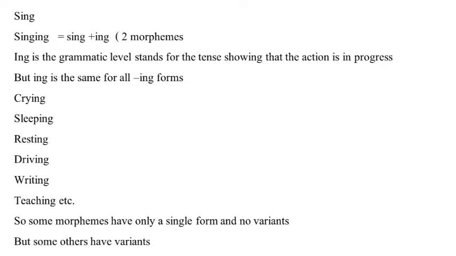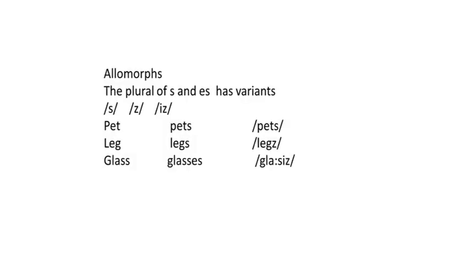Now if you look at the word pets, and the word legs, the S morpheme is pronounced as Z, the voiced consonant.